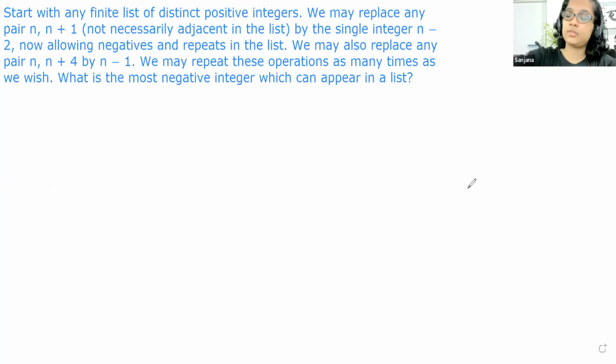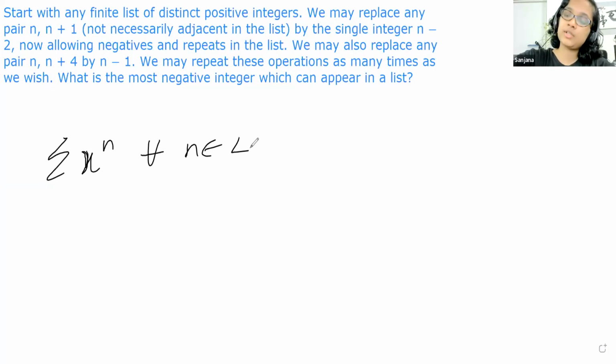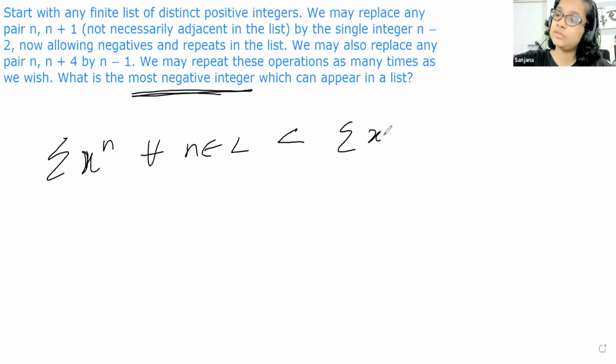Let's call the set L. So the sum of x raised to n for all n in L. You want to find some bound on this because you're asking for the most negative integer. If you get a bound, that will be nice, right? So you know that this is less than the sum of x raised to n for all natural numbers, right?